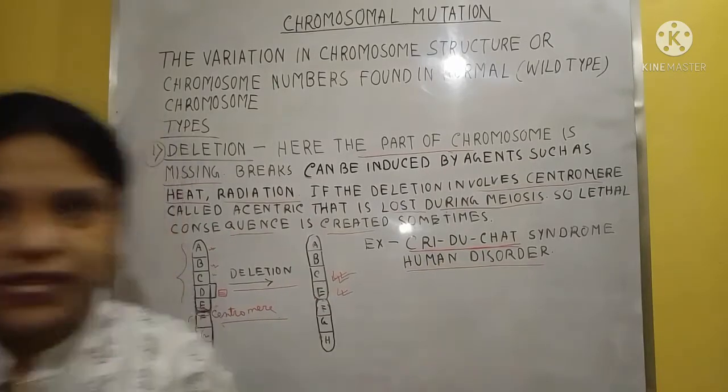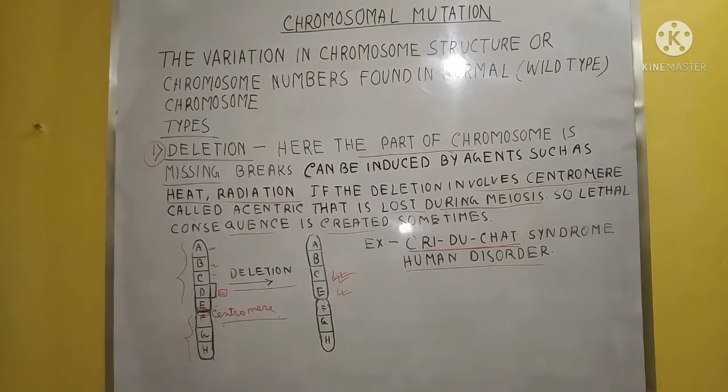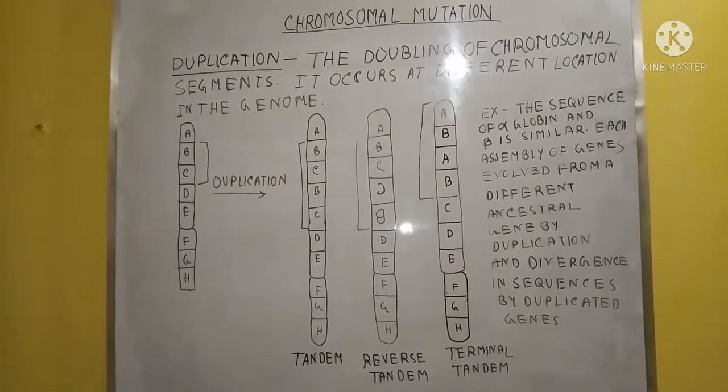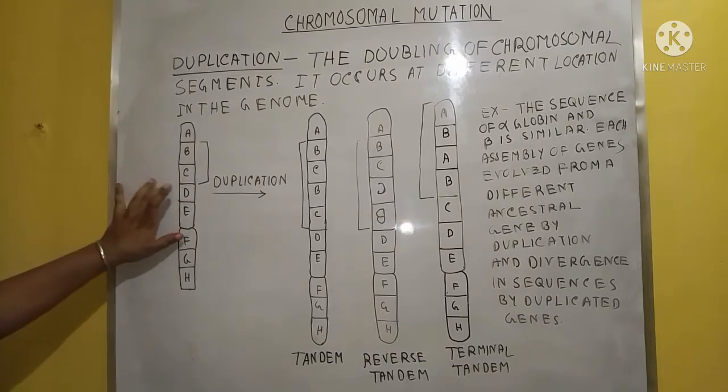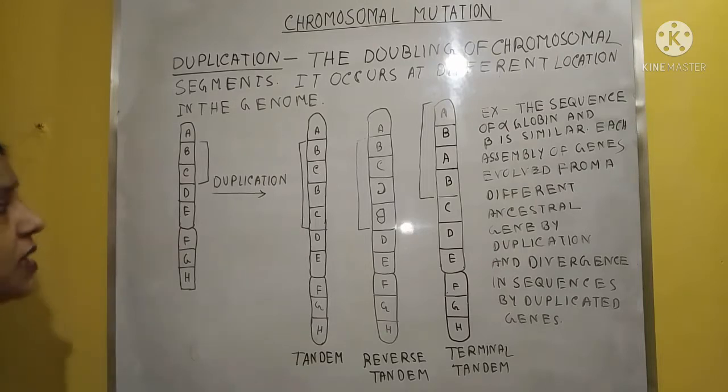Next one is the duplication. Duplication is the doubling of the chromosomal segments, and it occurs at a different location in the genome. So here the parts or the segments of the chromosome are doubled.